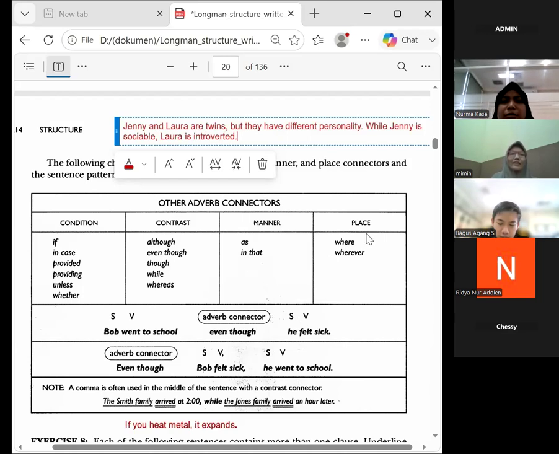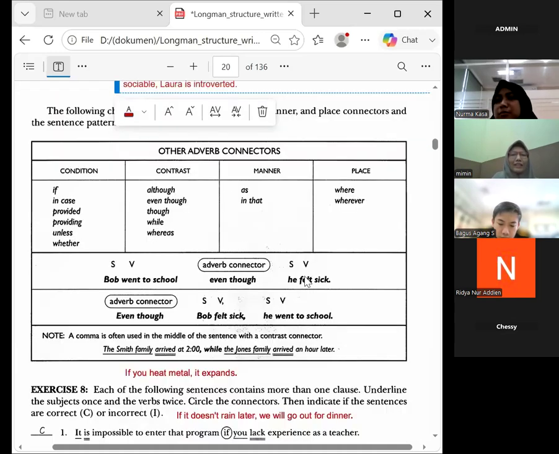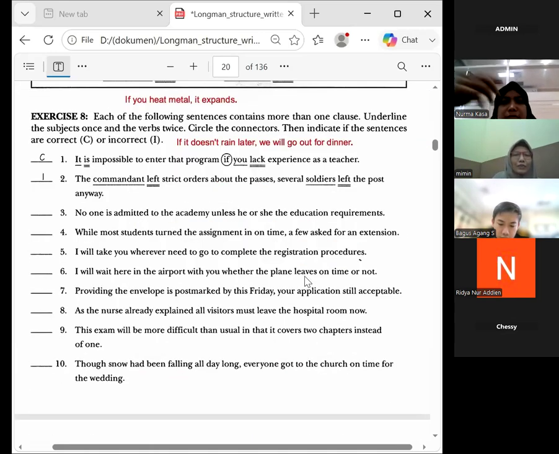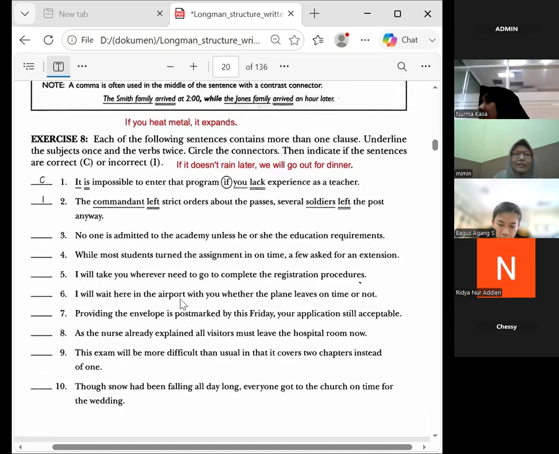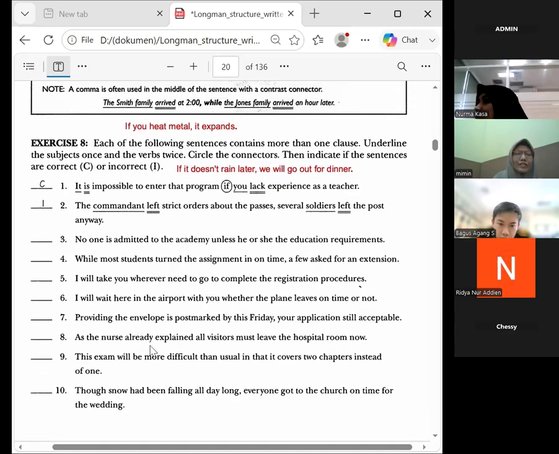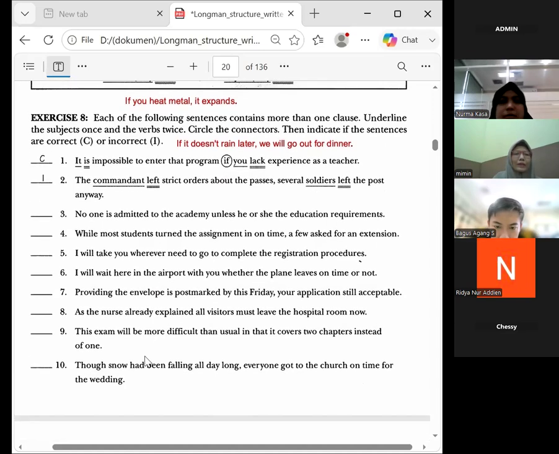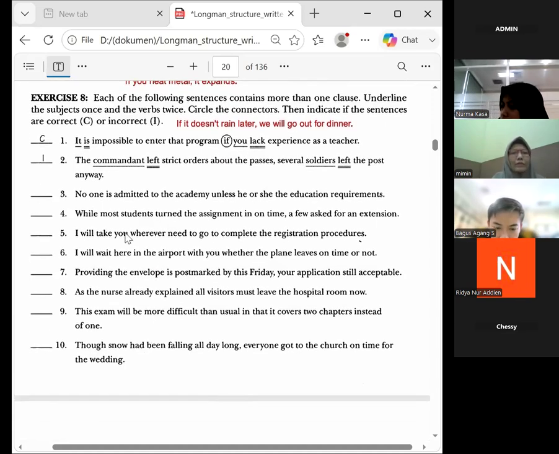Okay. All right. Now look at the example within that. Maybe in that is not very much used so far. In that is used to answer the question how.